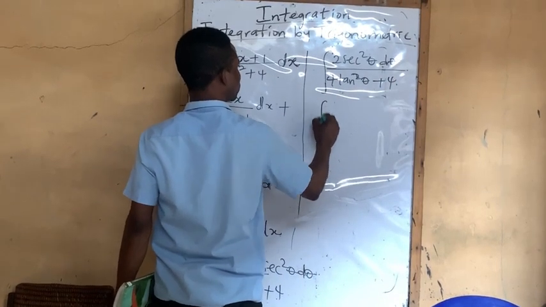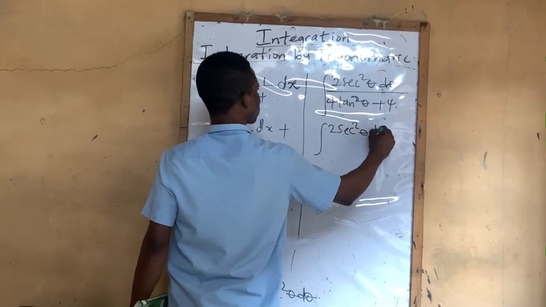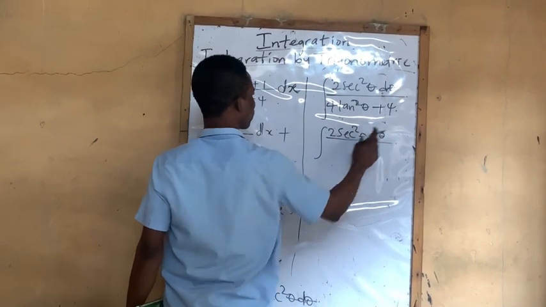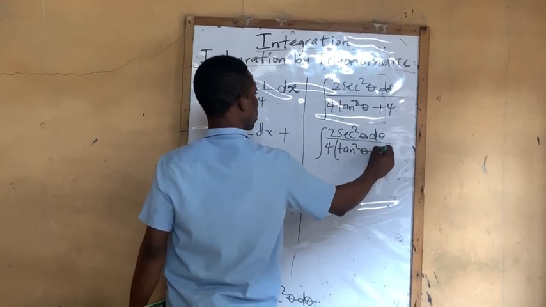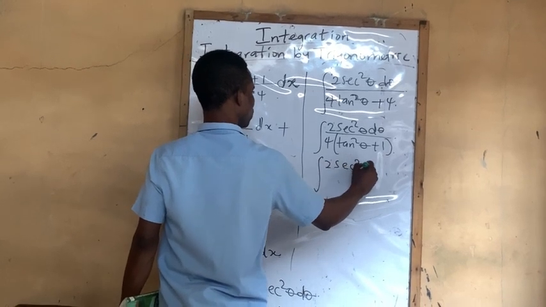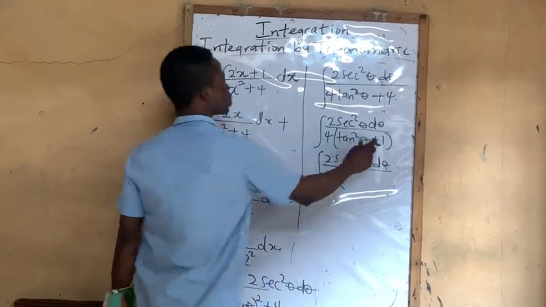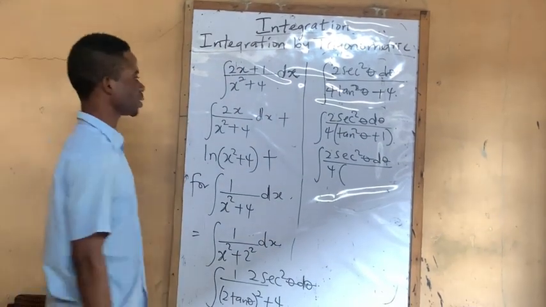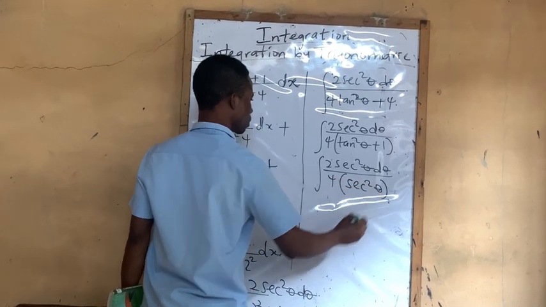What is common here? 4. 4 open bracket tan squared theta plus 1, that is sec squared theta.